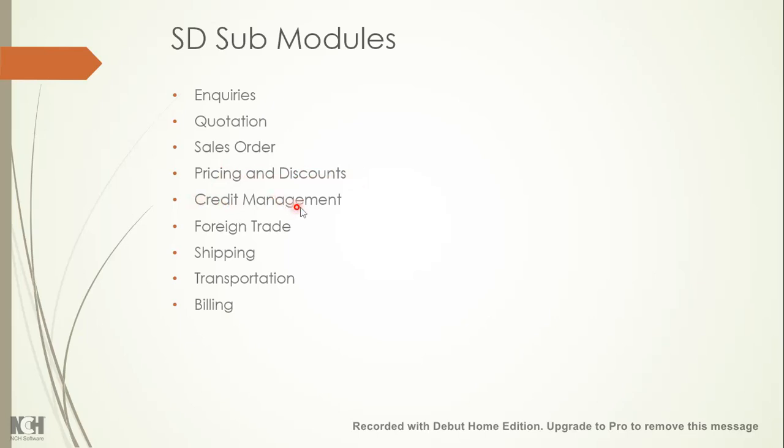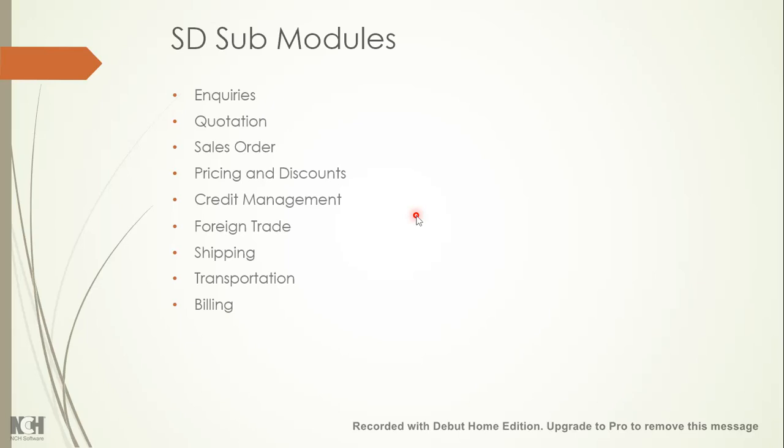Credit management is another good module, and it helps you to manage credit limits for a customer. In this area, for each customer you define what the different credit profiles are, how much credit limit to be given, what credit risk you want to define, the risk category, and then you map all of them through the customer master.